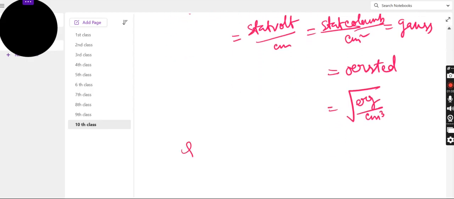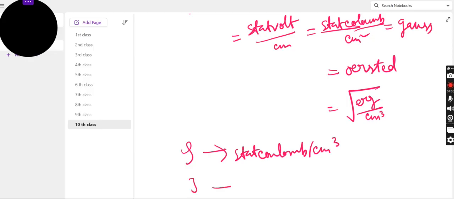And in the Gaussian system, the rho unit is stat coulomb per centimeter cube, and free current density is stat ampere per centimeter square.